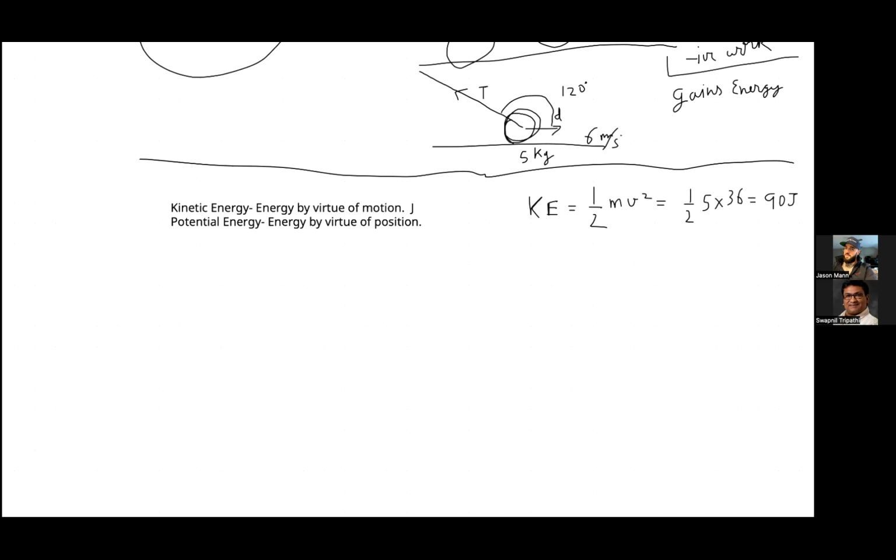Its formula is mgh. And the second one is elastic potential energy, and its formula is half k x squared.